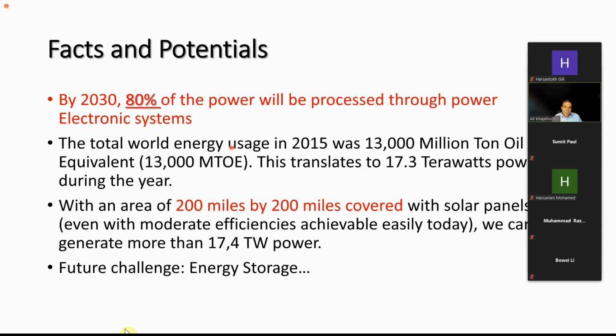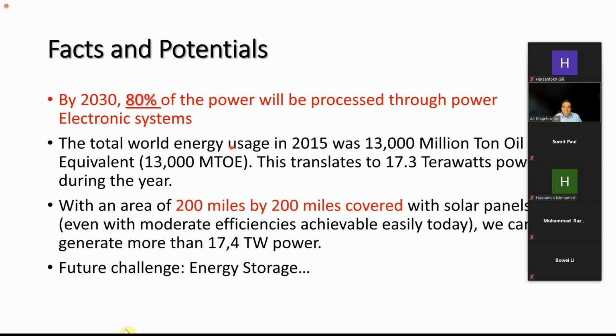So this translates to 17.3 terawatts of power during the year. So how much do we need renewables to produce this? If you have an area of 200 miles by 200 miles covered with solar panels, you're going to get 17.4 terawatts of power.